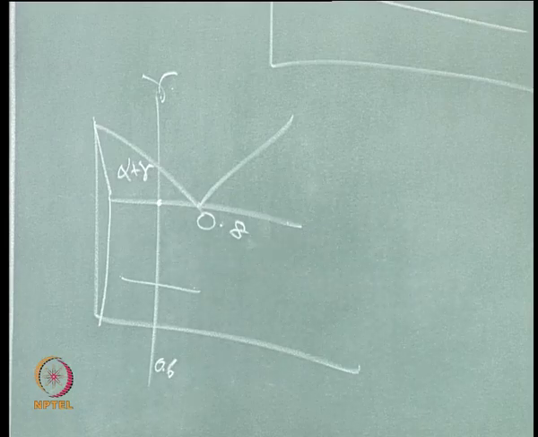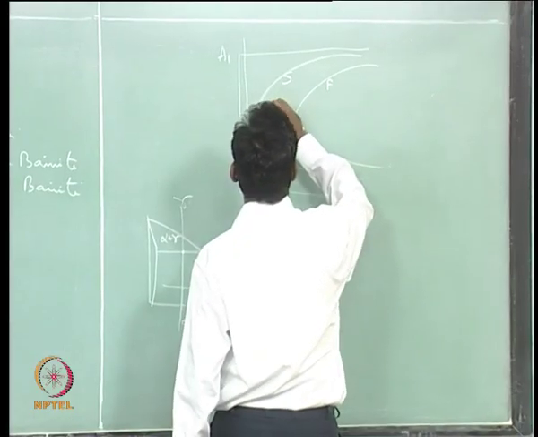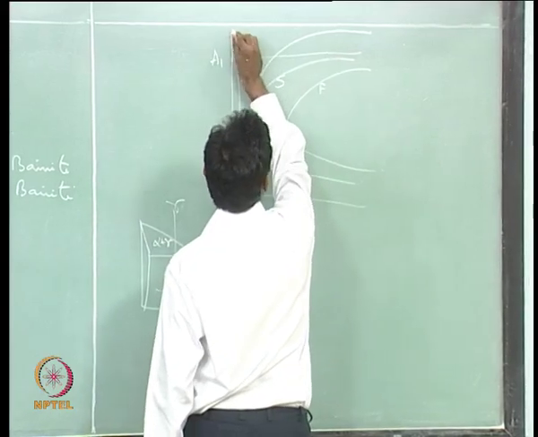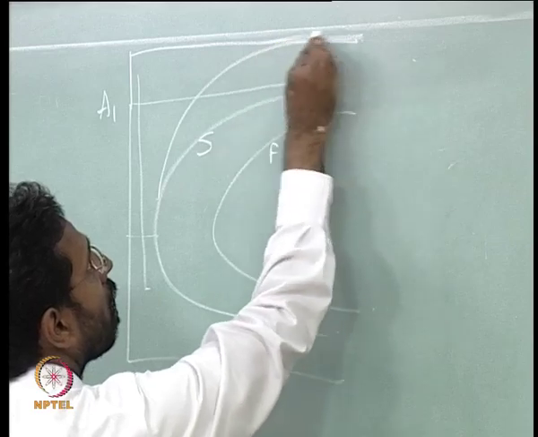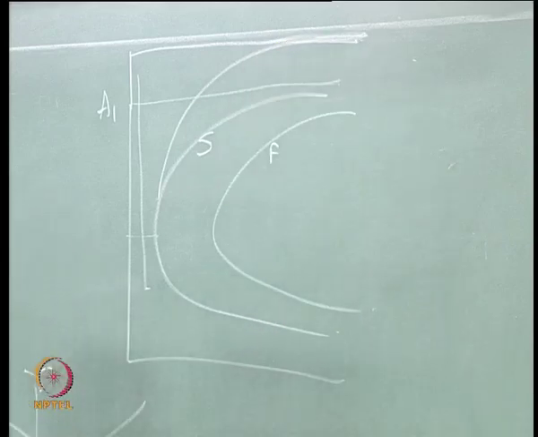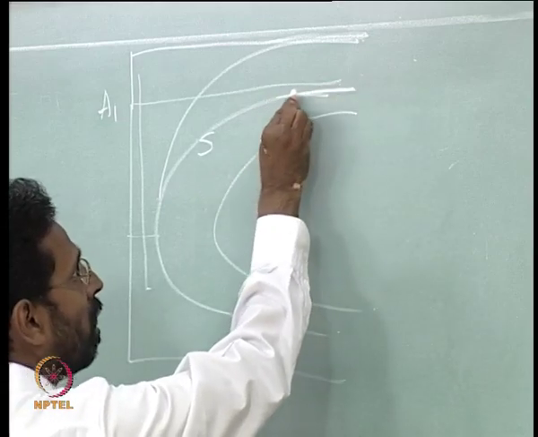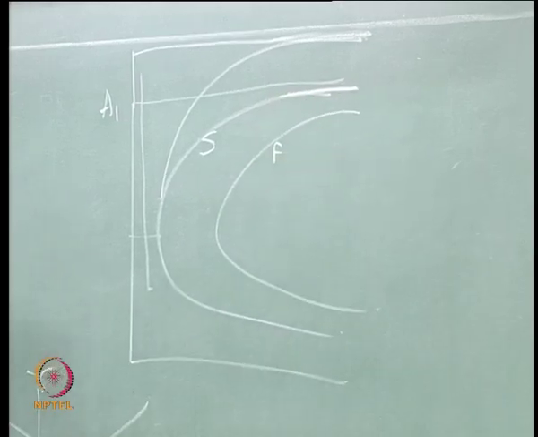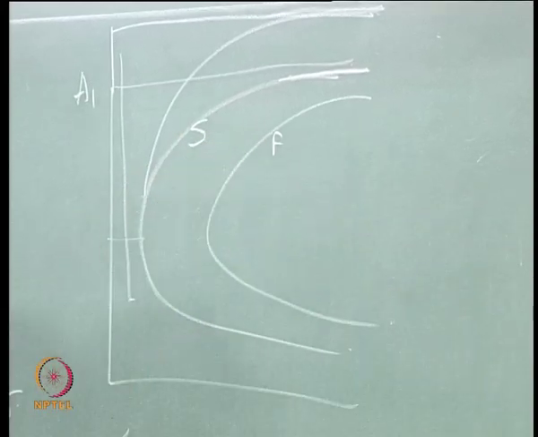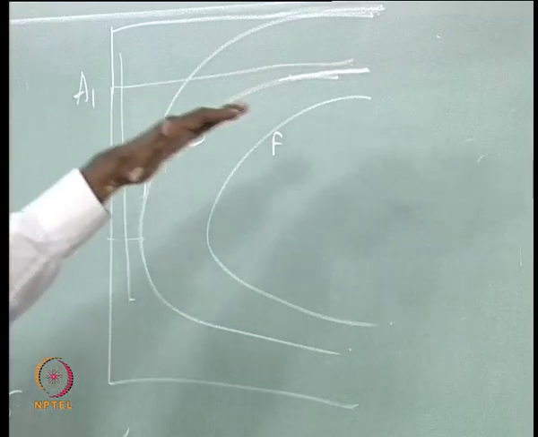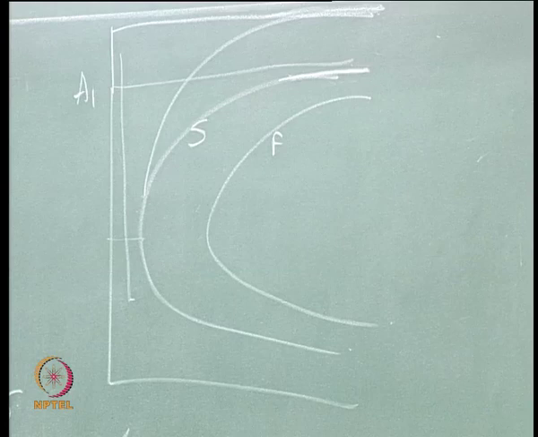For example, mind you, if you carefully observe this particular start of transformation and end of transformation, both of them, as you come closer to the transformation temperature, almost become parallel to the transformation temperature.